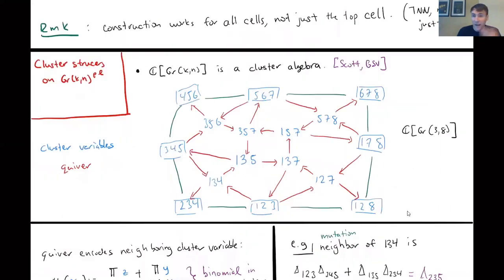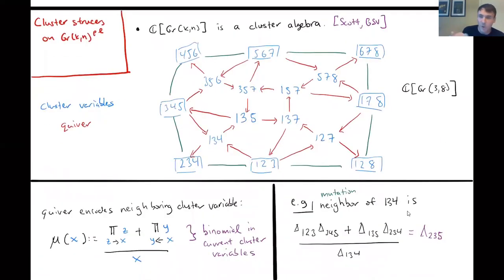And as a reminder, what's the purpose of the quiver? It encodes some neighboring cluster variables. So if I want to mutate at some cluster variable x, then there's some binomial in the numerator, and then I divide by the variable I'm trying to replace.